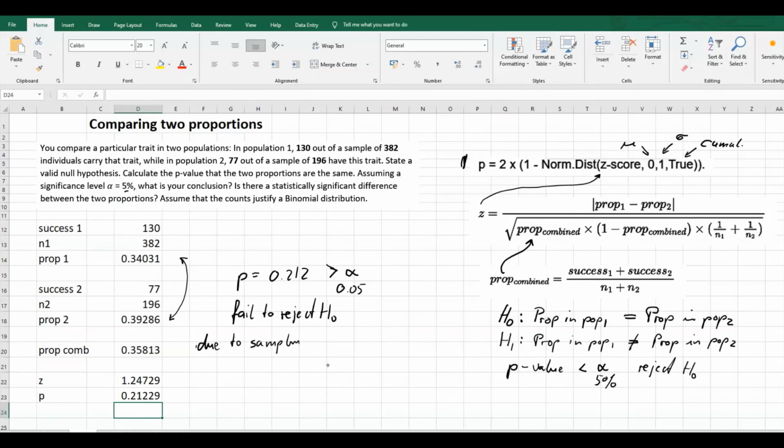And there is actually no difference between the two proportions in the different populations.